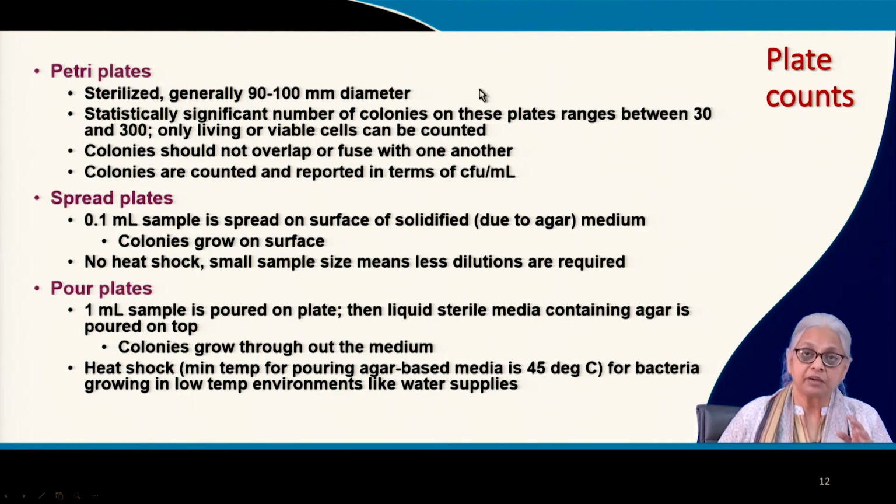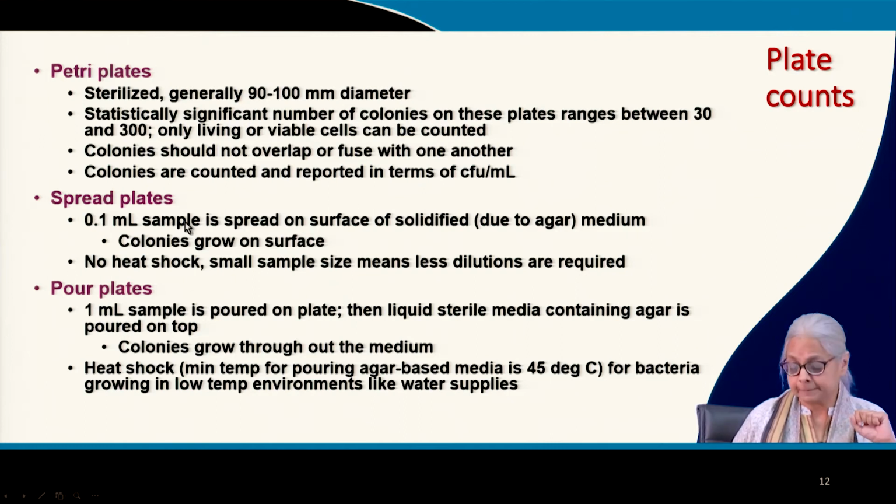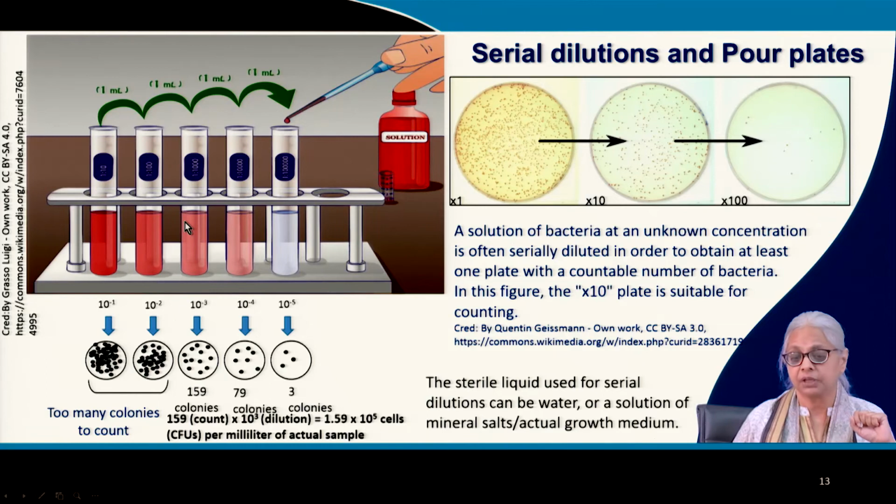So it's tough work, but after a certain level of practice, most people get it right. There are two ways of doing enumeration using plating or plate counts. One is spread plate and the other is pour plates. So spread plates, I'll show you examples of that.